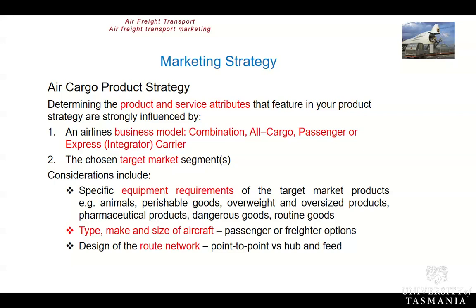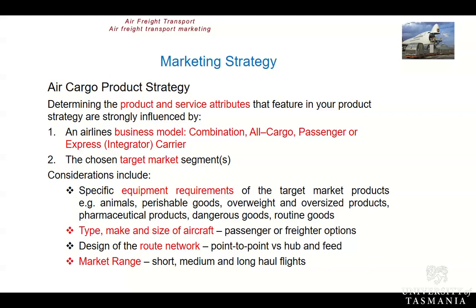You've also got to design a route network which is also going to meet the needs and requirements of your customer. So is it going to be point-to-point or is it going to be hub and spoke, or hub and feed, if you like? What about the market range? What sort of flights are you going to have in your airline scheduling?